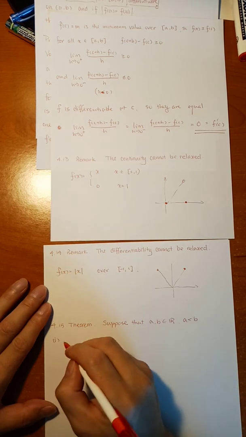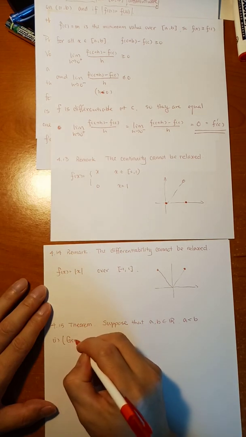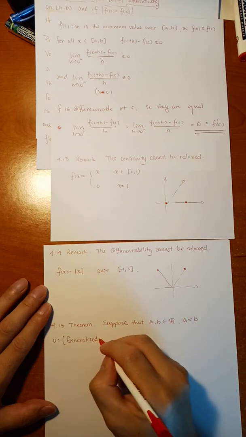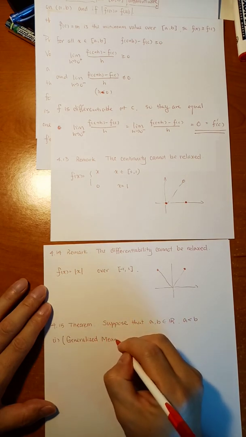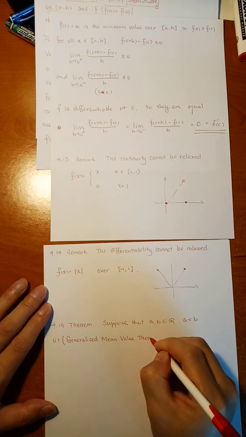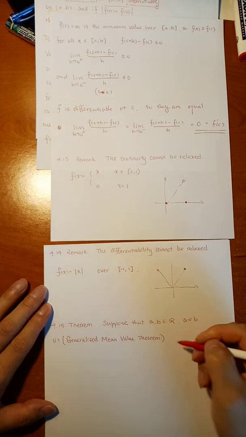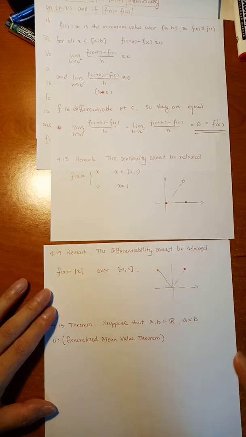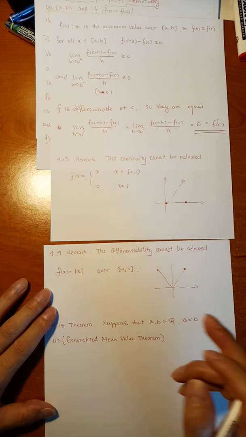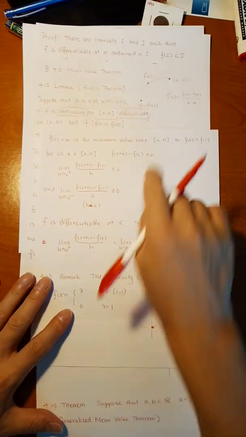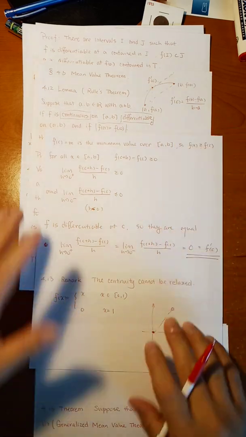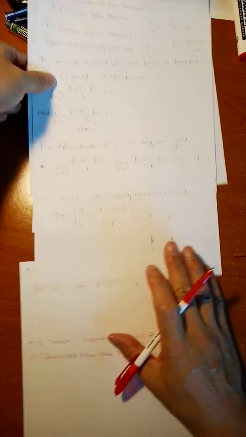The first statement is called the generalized mean value theorem. The generalized mean value theorem has two differentiable functions. The regular mean value theorem only has one differentiable function.